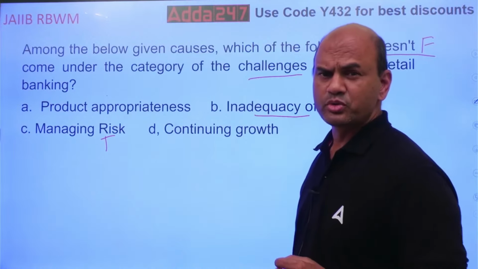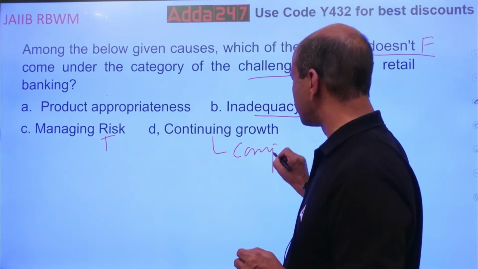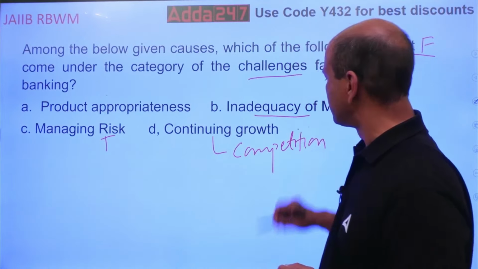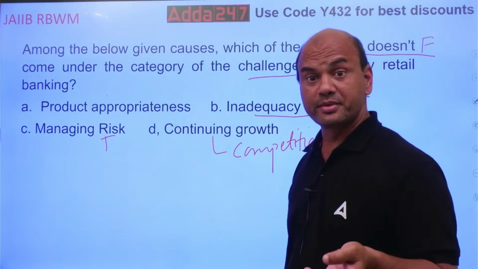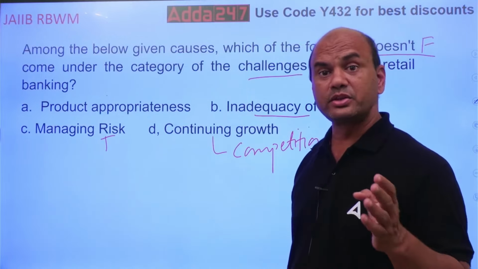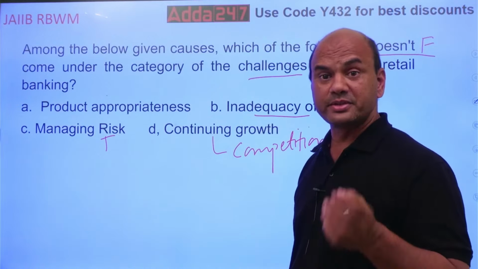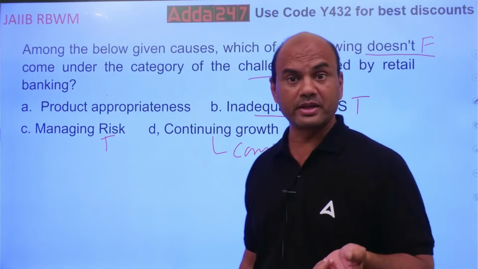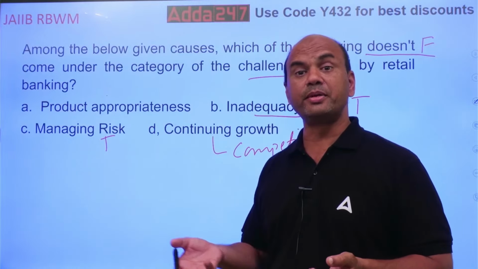Continuing growth is the main problem nowadays. Why? So much competition. Look at the competition. How many banks are there? Nationalized banks, private banks. Private banks are also of two types: old age private banks and new age private banks. Then you have NBFCs, small finance banks, cooperative banks, and post and other payment banks.